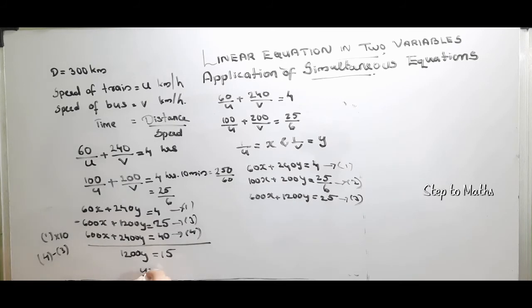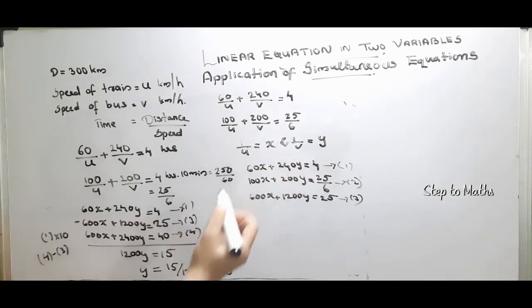From this, we get the value of y. y is equal to 15 upon 1200, equal to 1 by 80. We get the value of y equal to 1 by 80.